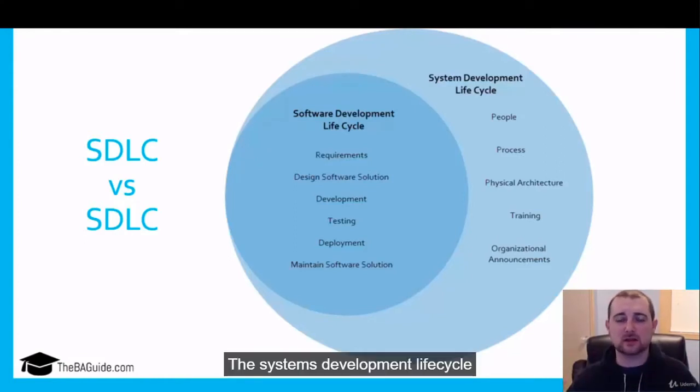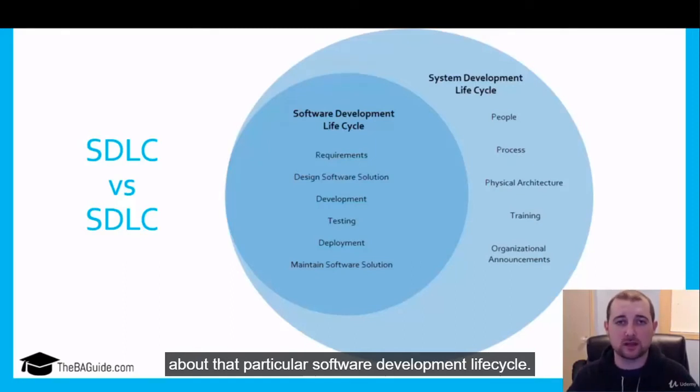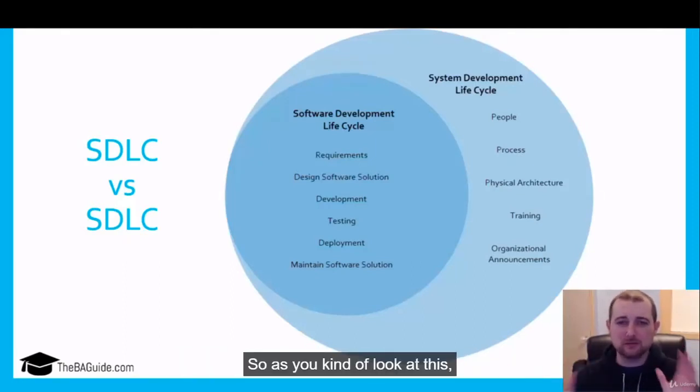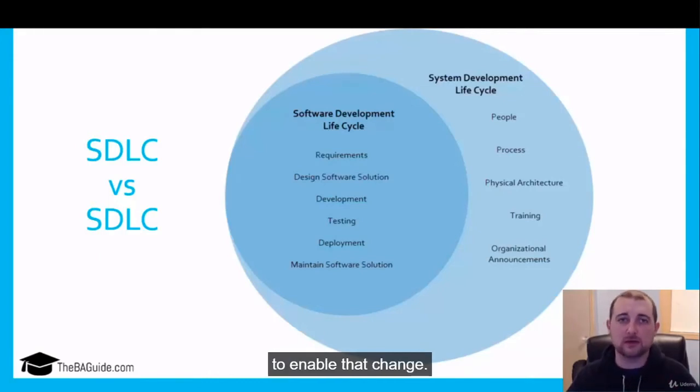The systems development lifecycle encompasses all of the software development lifecycle stages, but includes some additional things like managing the people and the processes, the physical architecture, handling all of the training, and the organizational announcements about that particular software development lifecycle. So as you look at this, just have a clear understanding of it. When you hear software development lifecycle, which is what we're going to be talking about today, we're looking at it in a streamlined way of implementing or changing a particular software application or suite that will help to enable that change and will deliver that value at the end of the project.